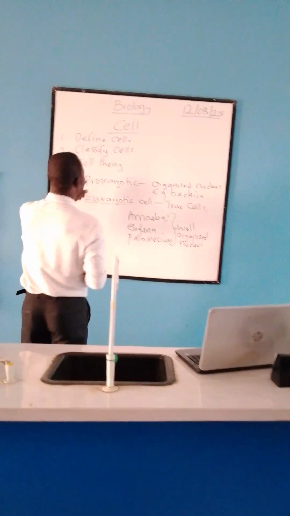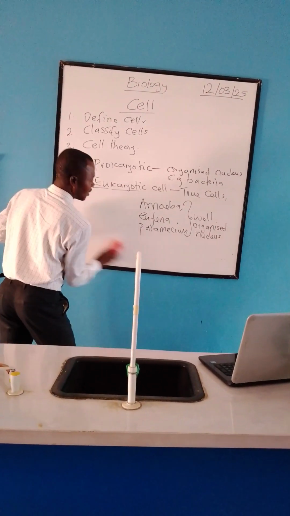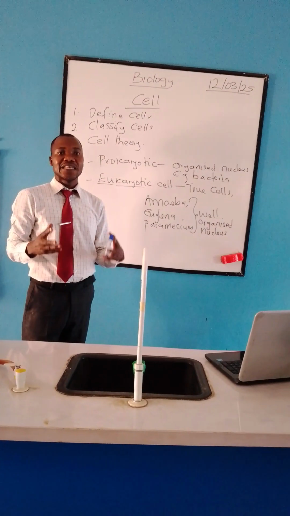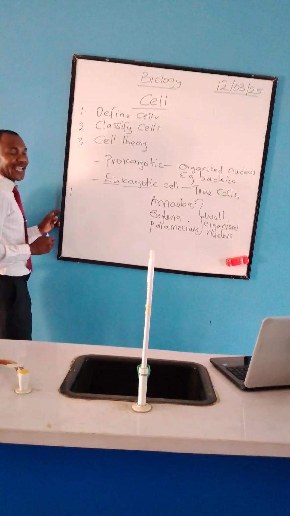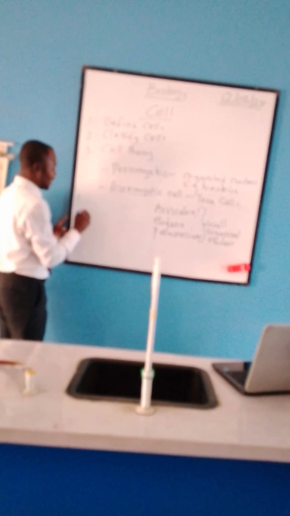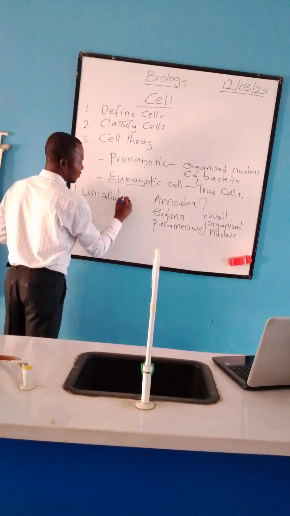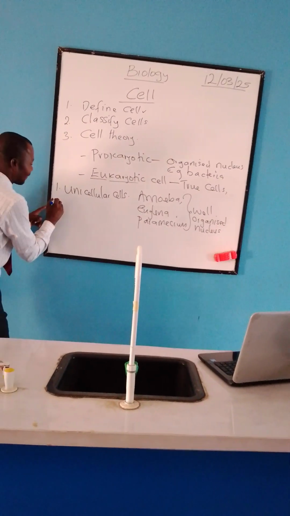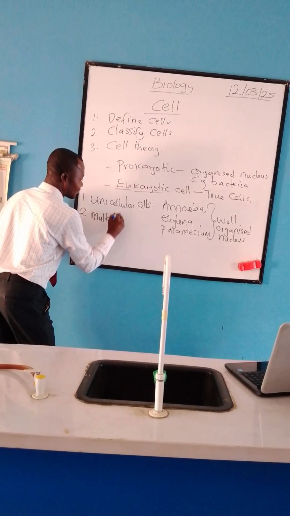Then another way of classifying cell is on the basis of the number of cells an organism possesses. So we have two types. Number one, we have unicellular cell. Number two, we have multicellular cell.